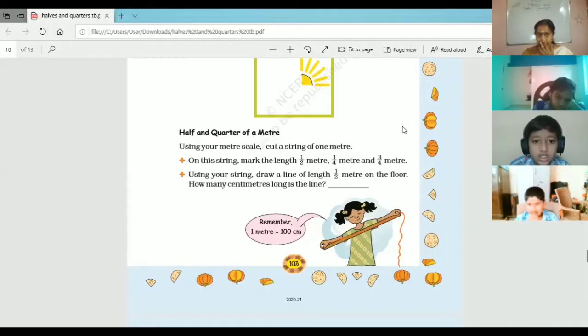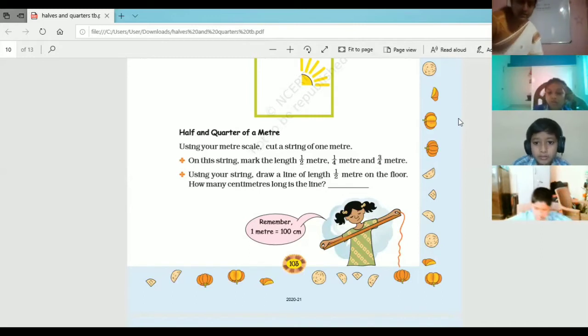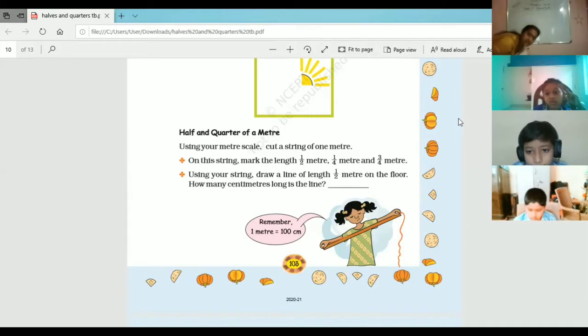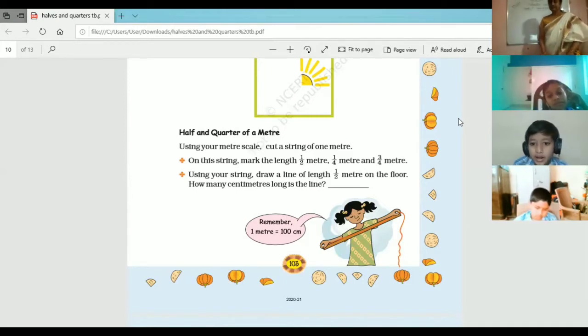Half and quarter of a meter. Using your meter scale, cut a string of 1 meter. On this string, mark the length half meter. Mark the length 1/4 meter and 3/4 meter.